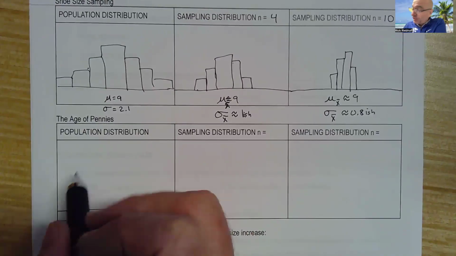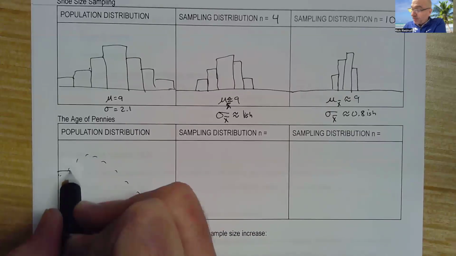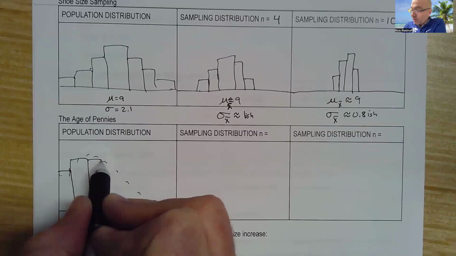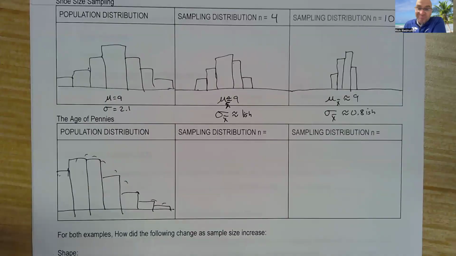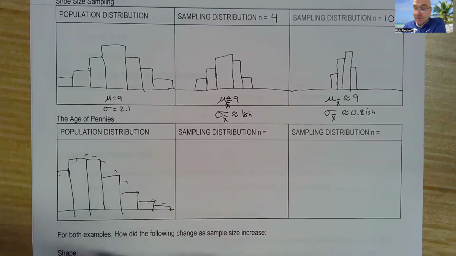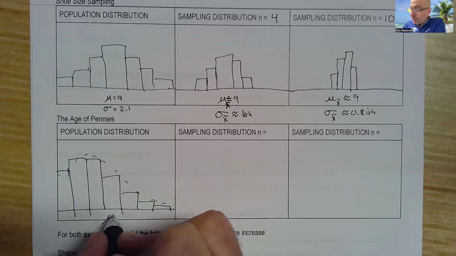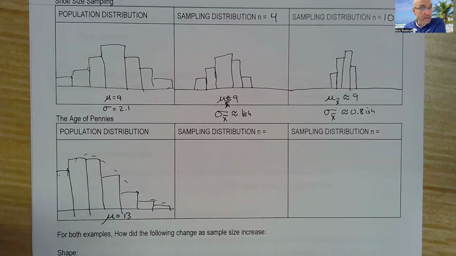I know it's definitely skewed this way, right? So maybe something like this would be the population. Depends how we graphed it with the histogram, but definitely skewed to the right. Most of the stuff, newer pennies, less older pennies, something like that. The mean of this population distribution is 13, I think.